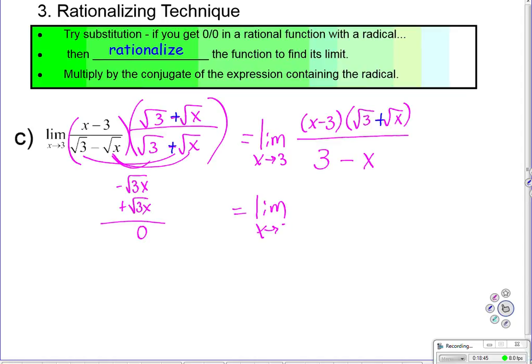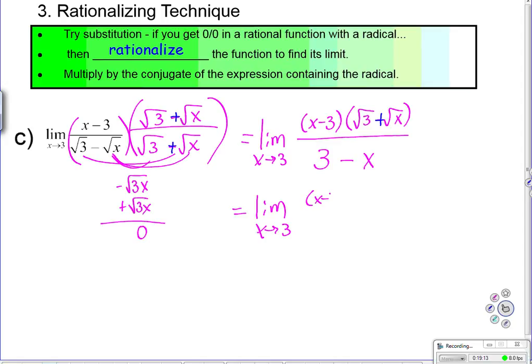And the reason I'm looking here, I've got a factor of x minus 3, and on the bottom I have a factor of 3 minus x. But the cool thing is that this 3 and this 3 are opposite in sign, and the x's are opposite in sign. And if you recall doing these in algebra, when you factored, there was this clever little trick that we could do.